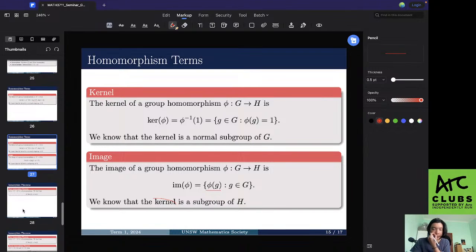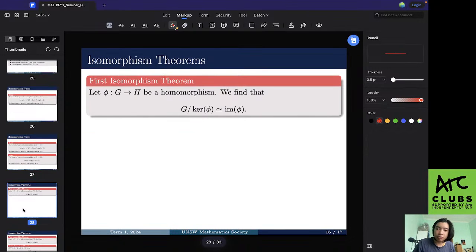And essentially what this allows us to do is form the first isomorphism theorem. If we have some phi, which we know to be a homomorphism from G to H, then we can find that G over the kernel of phi is isomorphic to the image of phi.